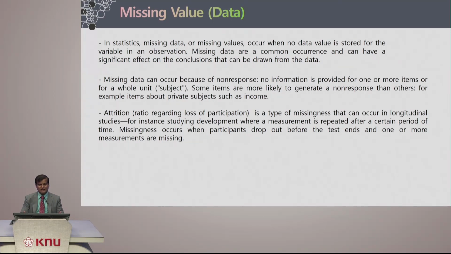For example, if you ask about private things, probably they will not answer that question. People at times tend not to reveal certain data, which means that we are losing that data. So at times we might have encountered the same thing, when you are asked to provide some data, you are a bit reluctant.